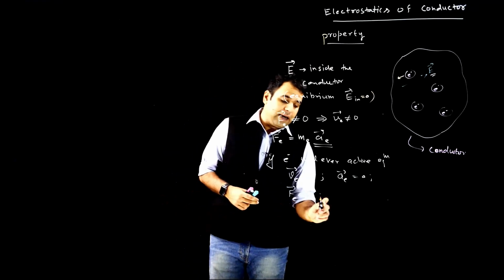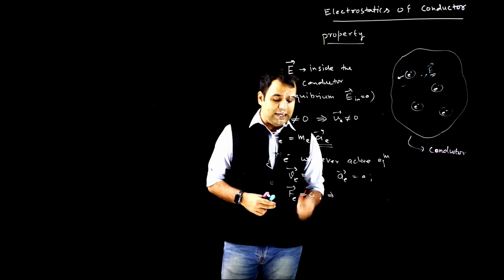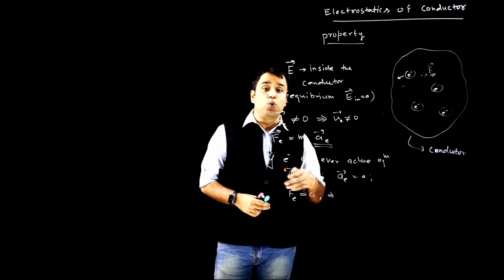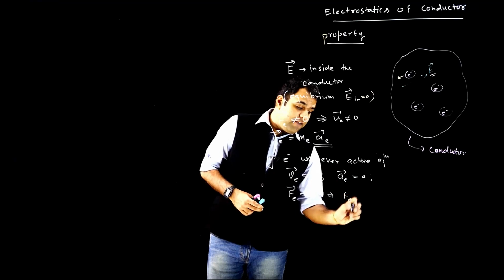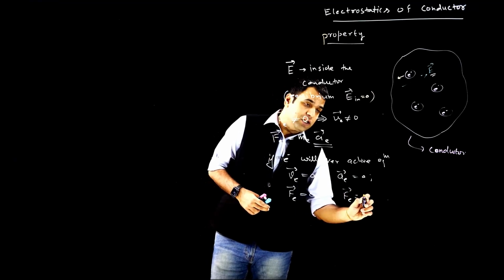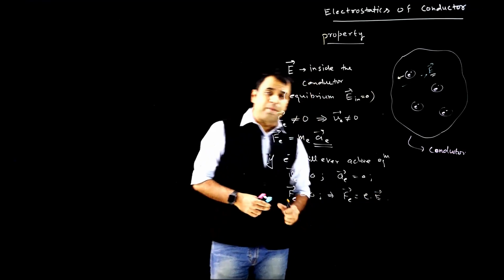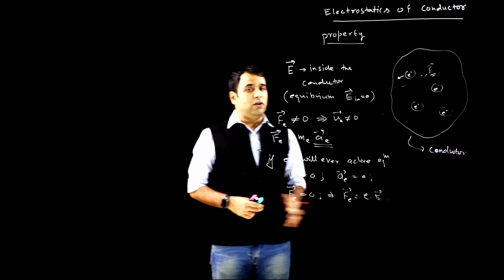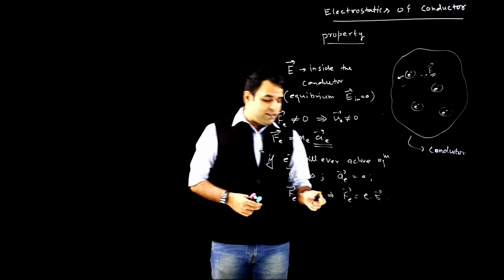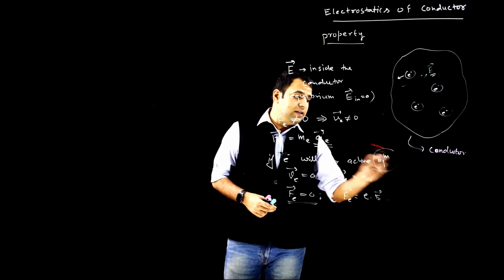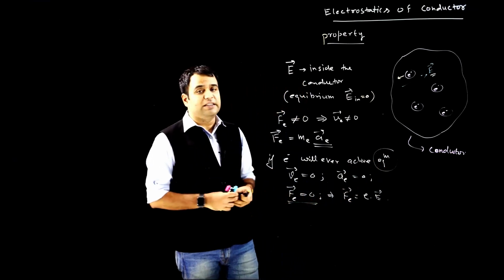This force experienced by the electron is nothing but qE, the charge on the electron multiplied by the external field. The charge on the electron can never be 0. So the force on the electron will become 0 only when the system achieves equilibrium.